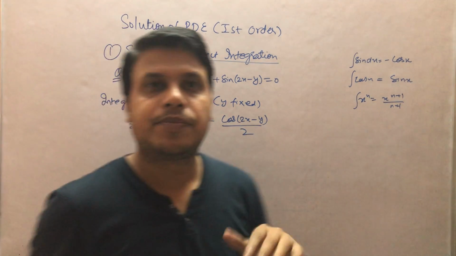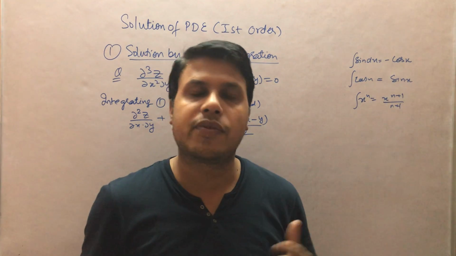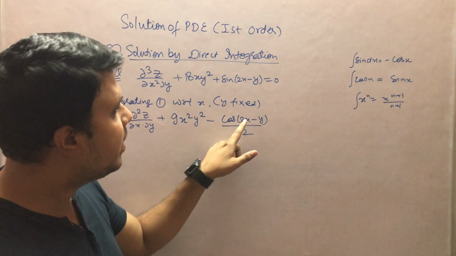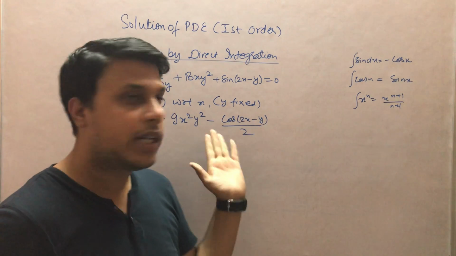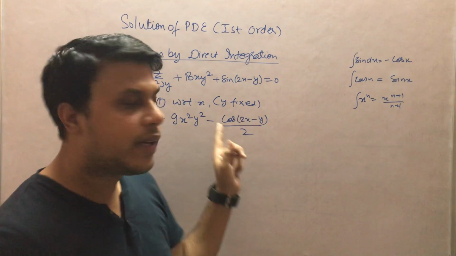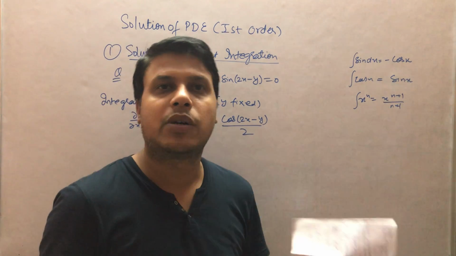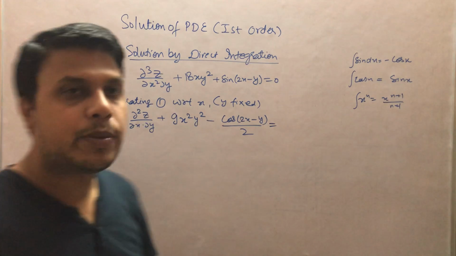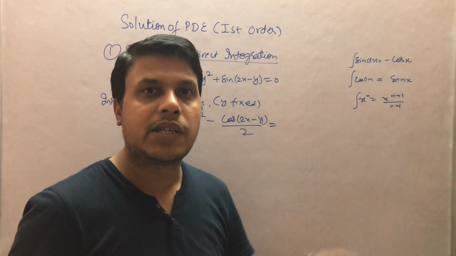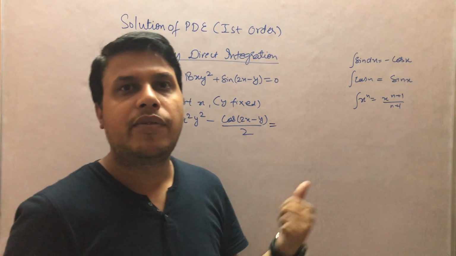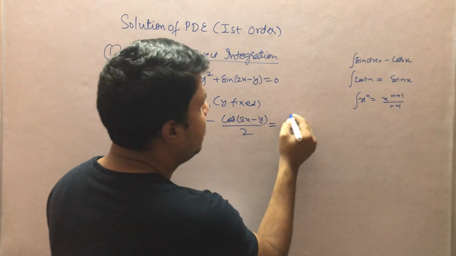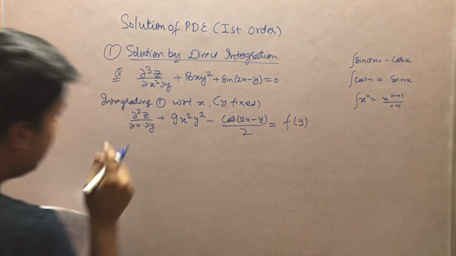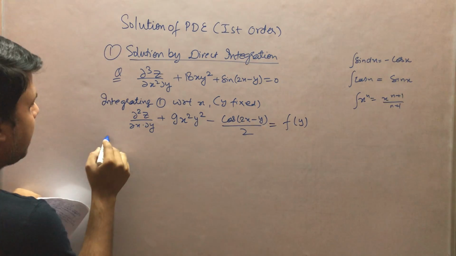Whatever is the coefficient of the variable, in the integration it comes in the denominator. That's why I have divided the term by 2, because the coefficient of x is here 2 and we are integrating with respect to x only. And on the right hand side, if you are integrating with respect to x, then there must be a function which is like a constant, and here we have taken y as constant. So this will be the answer. Now again integrating.